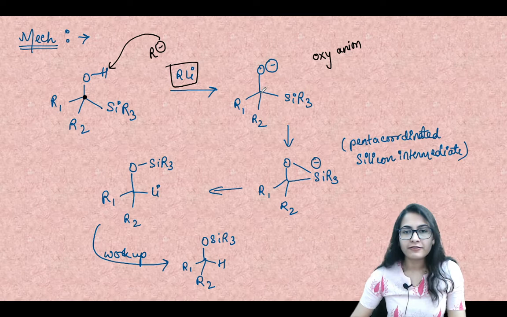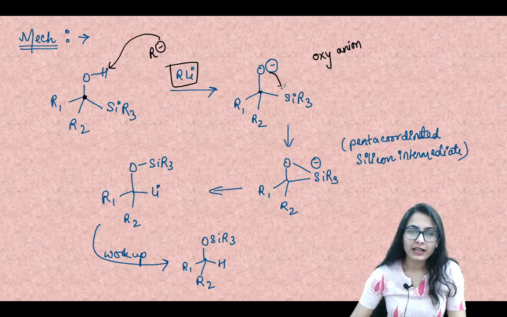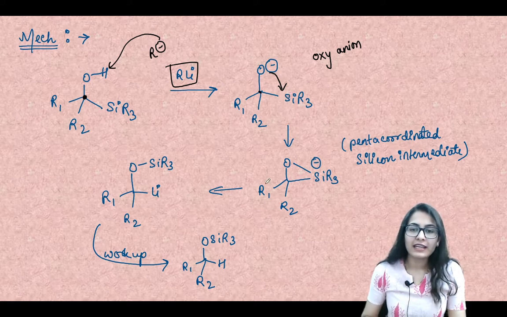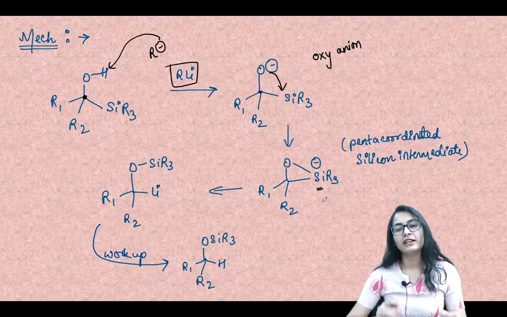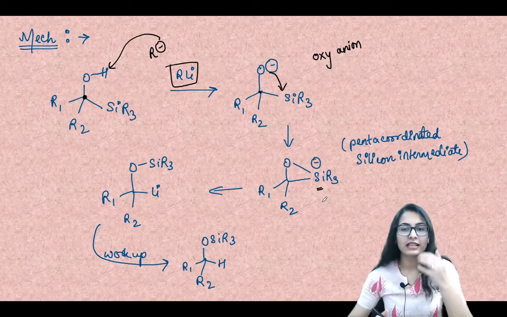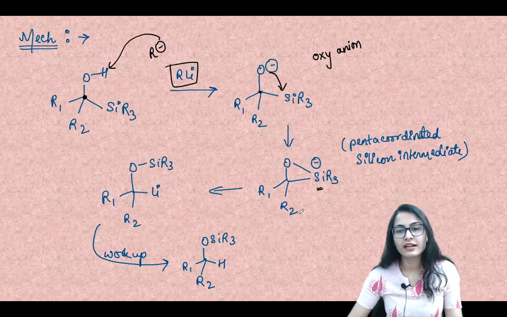So we have alpha silyl oxyanion basically, right? And it is going to attack on the silicon. It is not attacking on the carbon, it is attacking on the silicon, and hence you get a penta coordinated silicon intermediate. Here the silicon is penta coordinated and it has a negative charge density that has come from the oxygen, and it is not a stable intermediate.